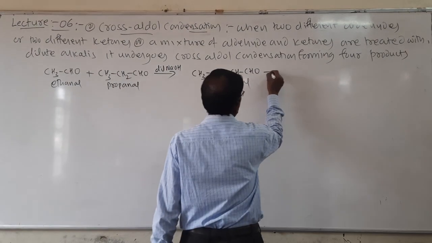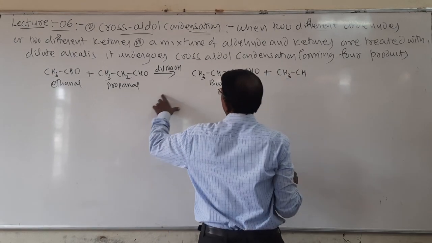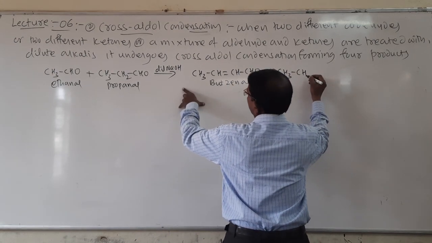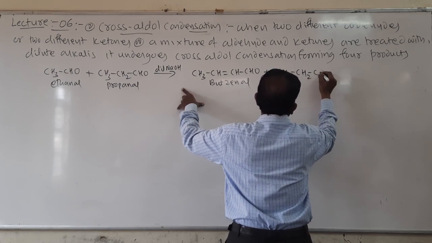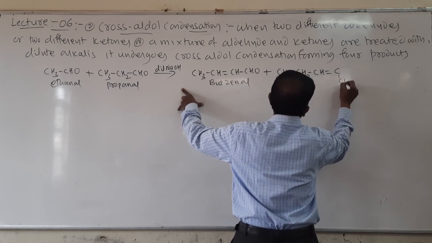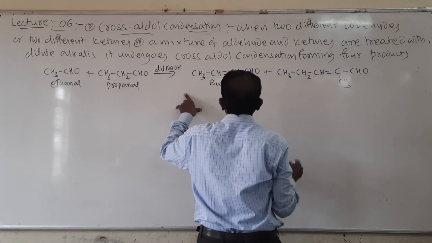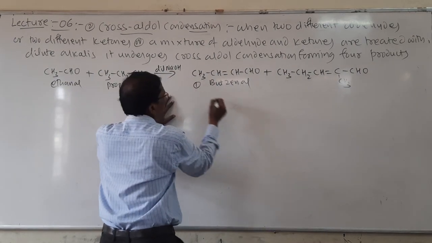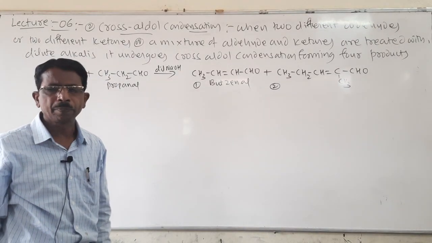And number 2 product, look here, CH3 CH2 CH double bond C CH3 CHO. It is the second product. What is its name?